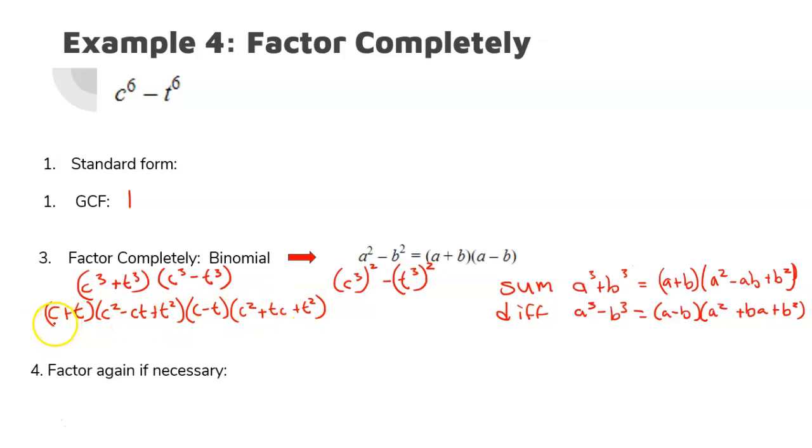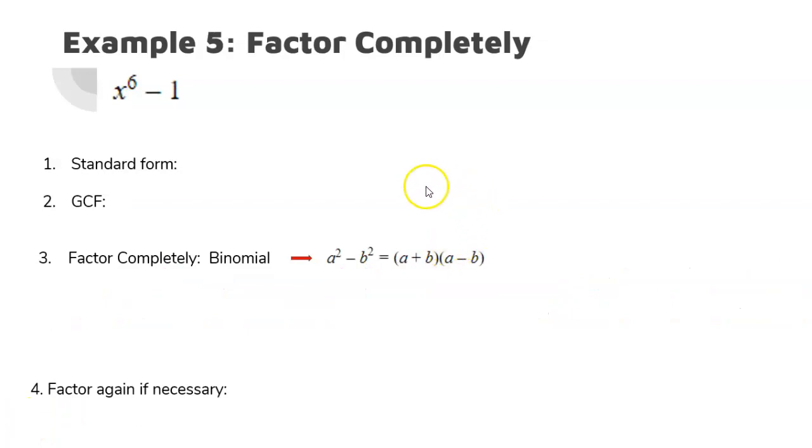And once I've plugged my variables in, I have c plus t times c squared minus c times t plus t squared times c minus t times c squared plus tc plus t squared. And now I am completely factored.